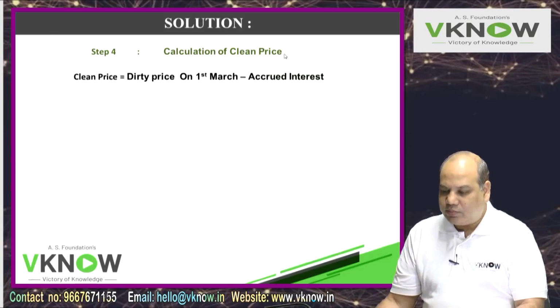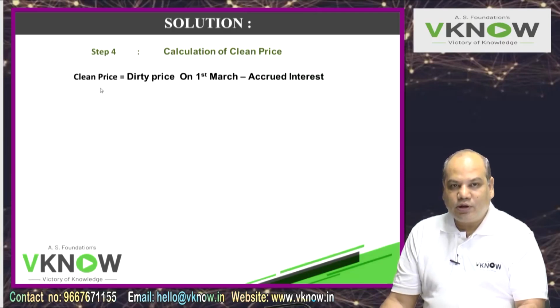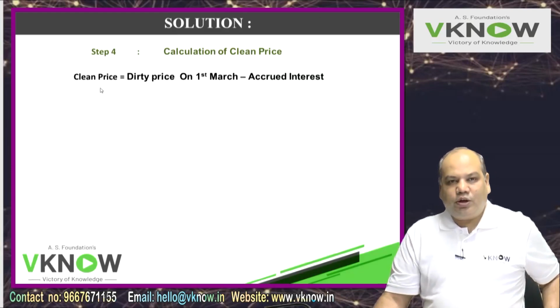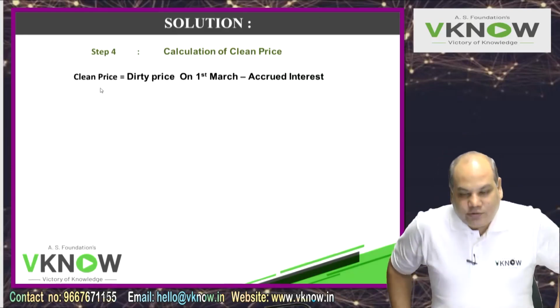So clean price, in bracket, write ex-interest price. So here write down the next step for clean price. Clean price equal to dirty price on 1st March minus accrued interest for 100 days.